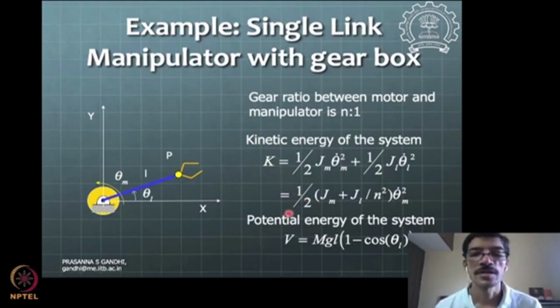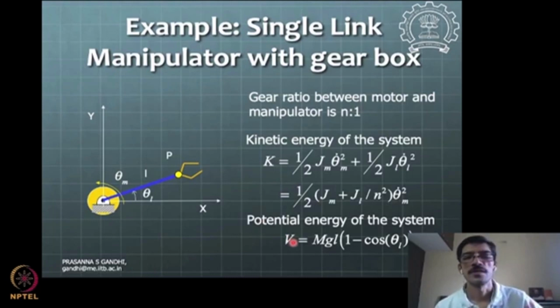All your kinetic energy and potential energy should be expressed in terms of this generalized coordinate. That is a main thing that you may miss. You need to make sure that the energy expression is always in terms of the generalized coordinate.